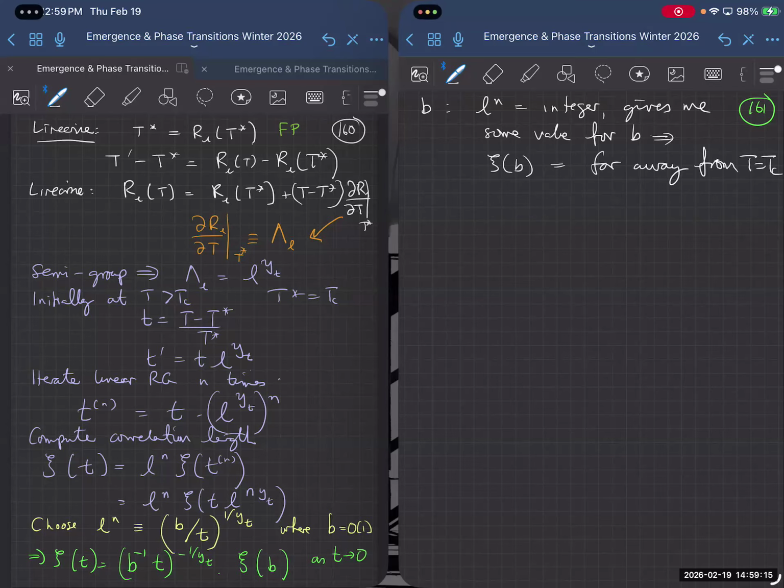So that's just a value in the high temperature phase. So this might be small, maybe a few angstroms, and it's in a regime far from the critical point where, for example, perturbation theory works.